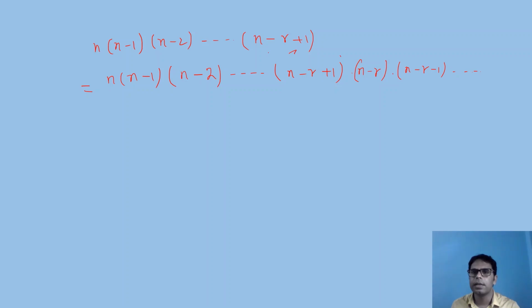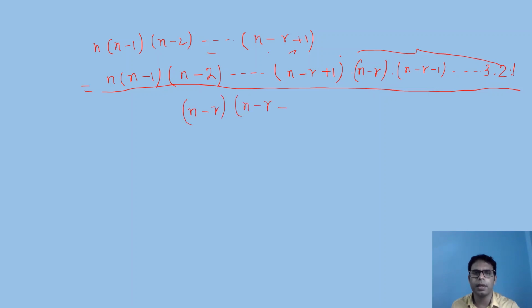Finally somewhere it will be 3, then 2, then 1. Then after that no objects will be there. And divided by the excess terms. So you write those terms: n minus r into n minus r minus 1 and so on, 3, 2, 1.